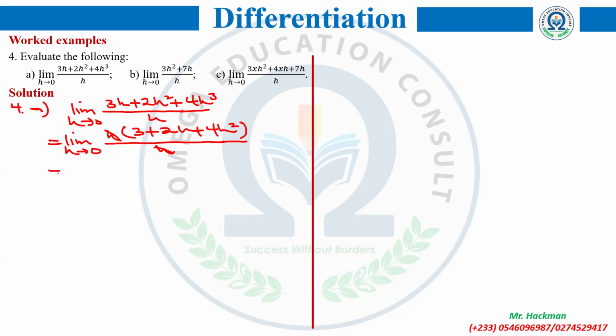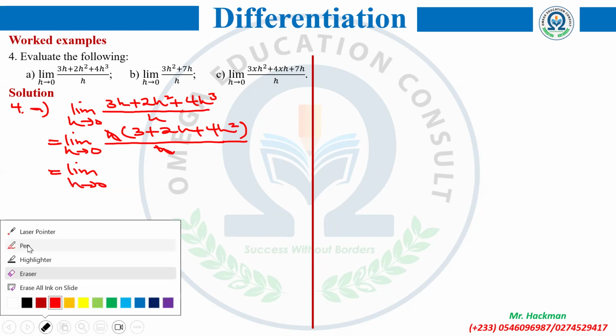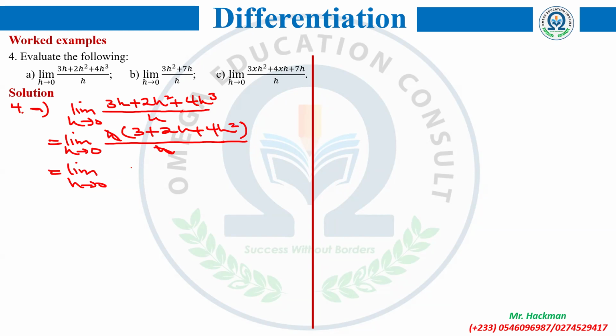So in effect, we are going to get the limit as h approaches 0 of 3 plus 2h plus 4h squared. All correct?